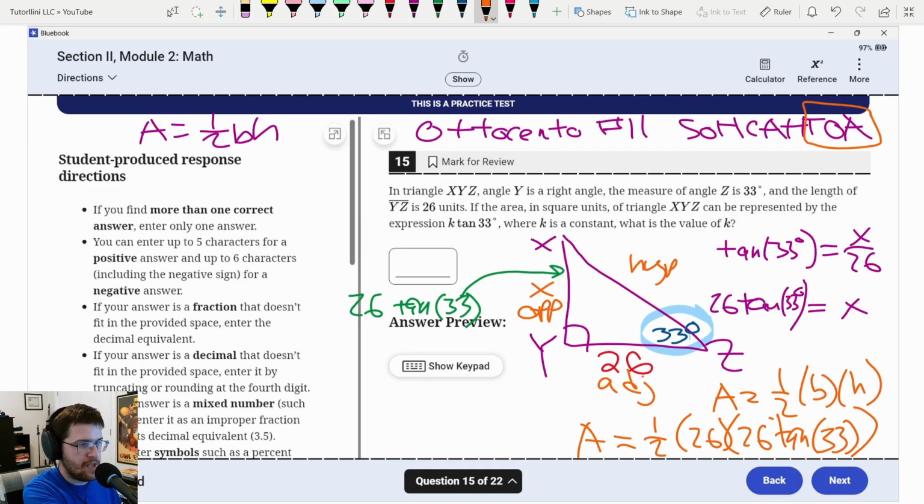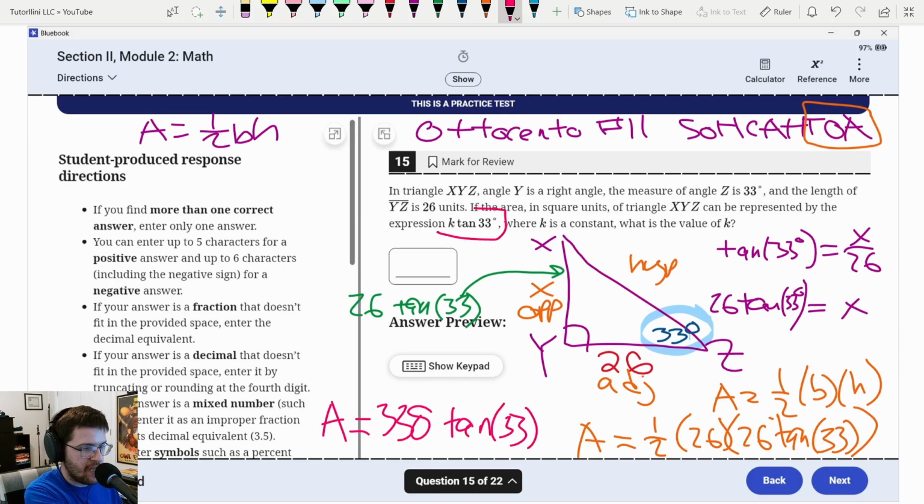That is 338. So I'm getting an area of 338 tan of 33. And you'll notice the question wants us to write it as K tan of 33 degrees. And we notice that K is 338, which is our answer.